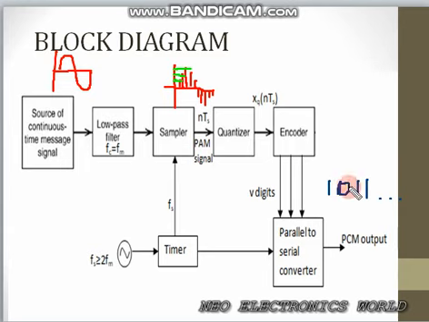A sequence of binary code will be produced, and the parallel to serial converter is placed at the last point of the block diagram. The parallel binary codes will be converted into serial form. This is parallel, this is serial. These parallel codes will be converted to serial codes.